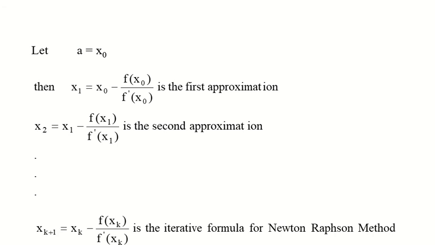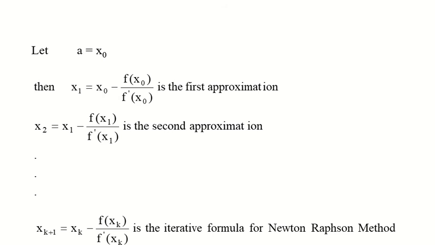Let a is equal to x naught. Then you are finding the first approximation x1 by using the formula x1 is equal to x naught minus f of x naught by f dash of x naught. This is your first approximation. So what is the second approximation? x2 is equal to, instead of x naught you are using x1 now, x1 minus f of x1 by f dash of x1. This is your second approximation.